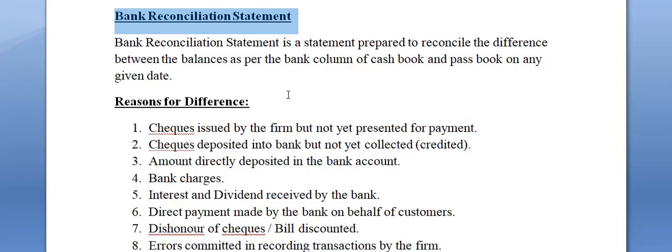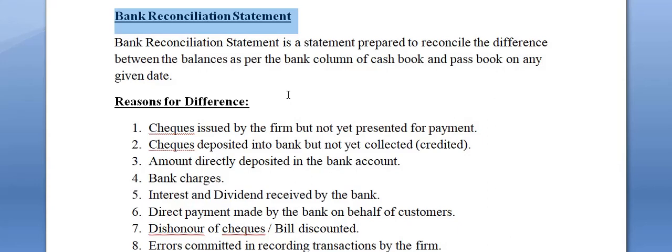Now there may be some kind of differences at the end of the month, or when they want to check their cash book and the passbook. When they want to match these two books together, there may be some kind of discrepancies.